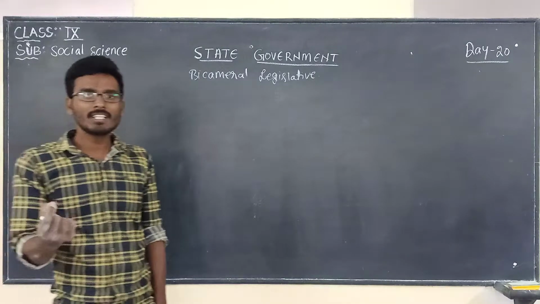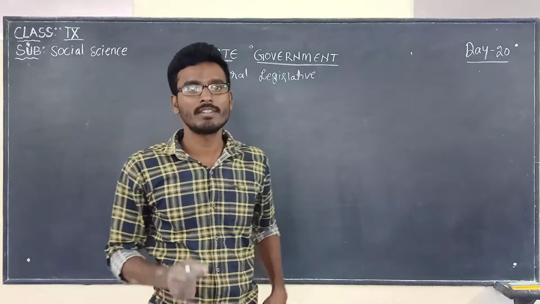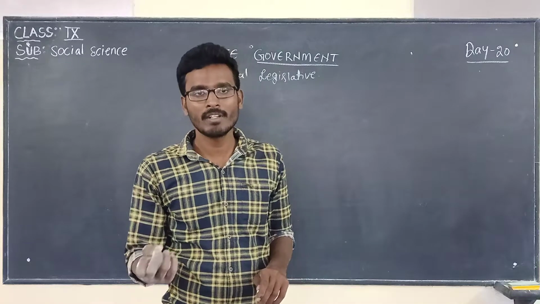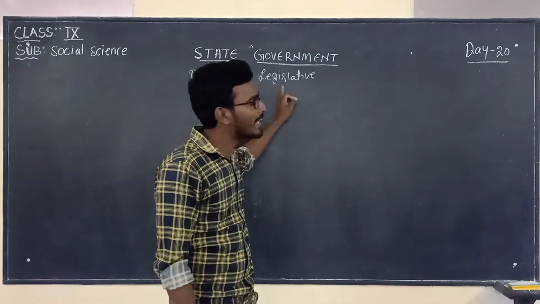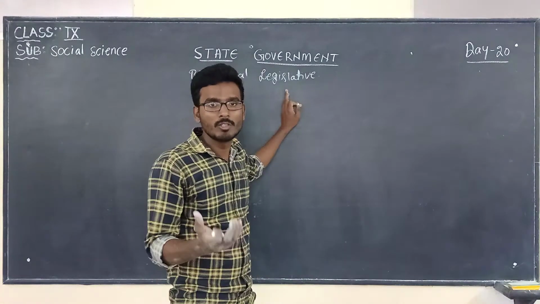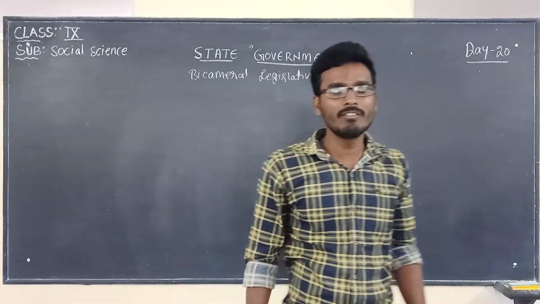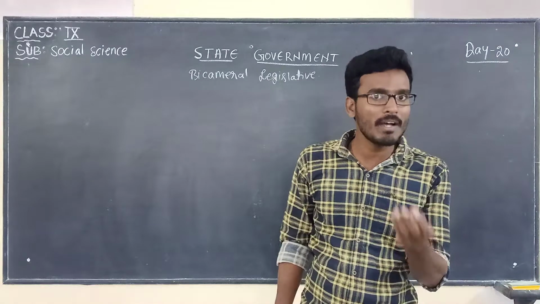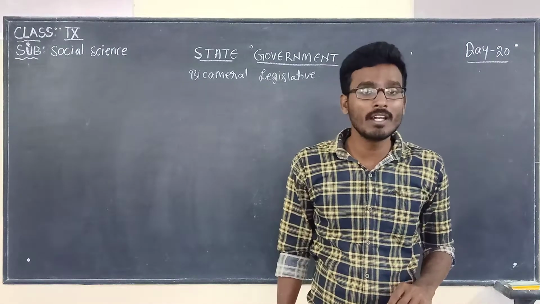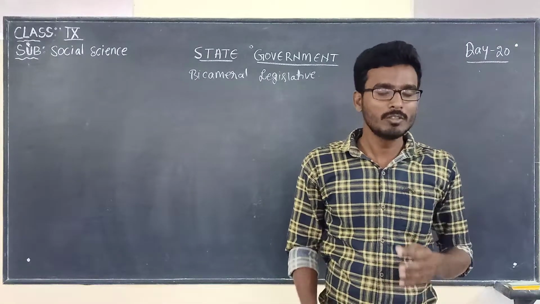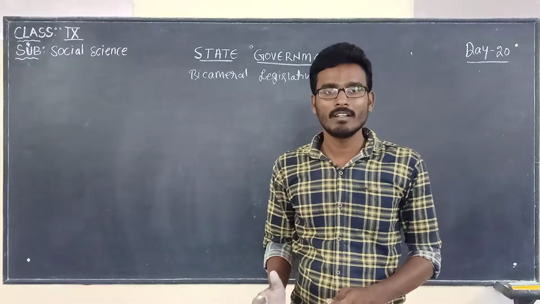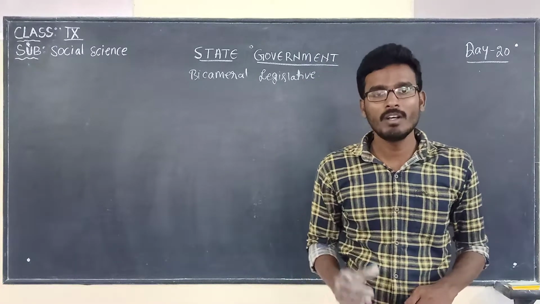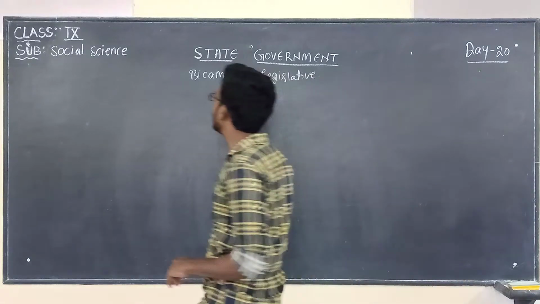If the state legislature has two houses, that is legislative assembly and legislative council, that is known as bicameral legislature. In state legislature terminology we can say legislative assembly Vidhana Sabha and legislative council Vidhana Parishad. So just now we completed the content regarding legislative assembly. Now let us move on to legislative council.